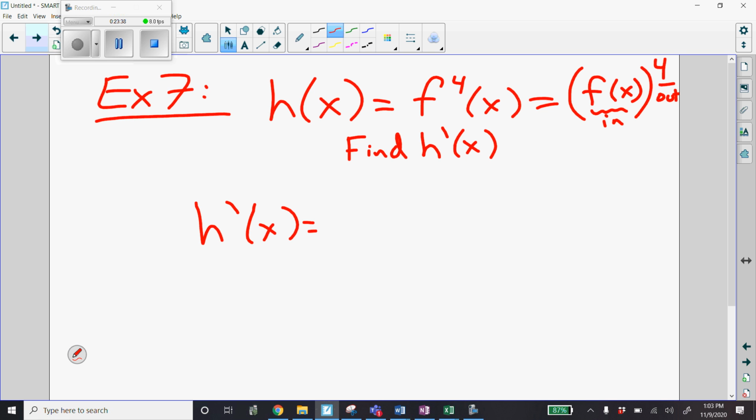So h prime then would be the derivative of the outside with respect to the inside times the derivative of the inside. Now maybe f of x has a graph and you can figure out h prime of specific numbers by going off of a graph or a table or something like that. But that's how we can work those type of problems.